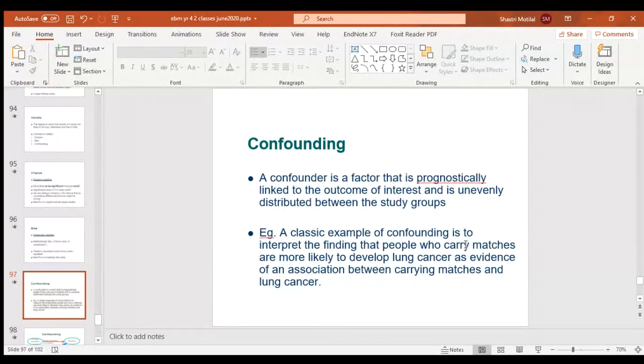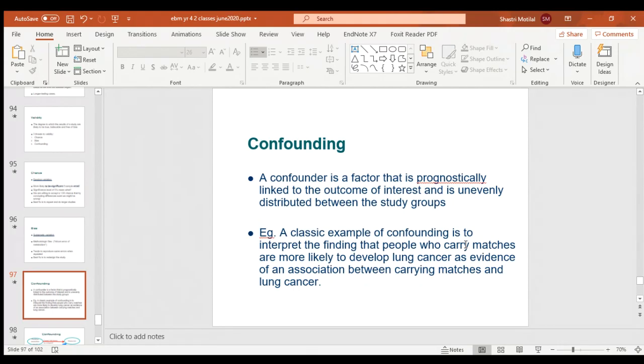The box of matches is what is being used to light the cigarette, which is what is causing the lung cancer. So in this example on this slide, the cigarette is the confounder. Can cigarettes lead to lung cancer? Yes. Can cigarettes lead to lung cancer in someone who does not have a box of matches? Yes. Is having a box of matches associated with smoking? Yes.